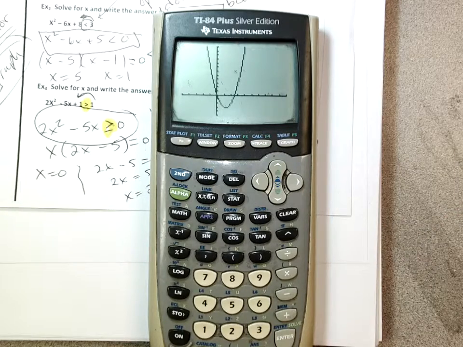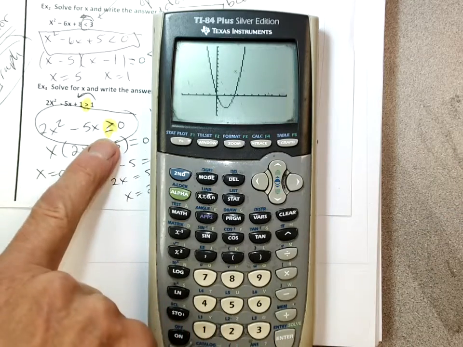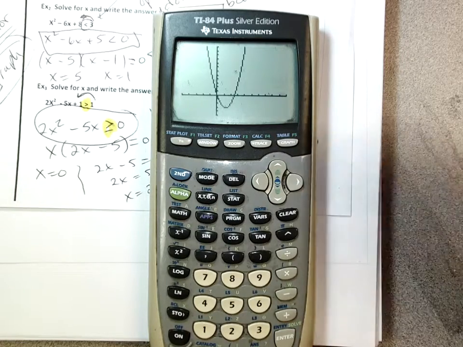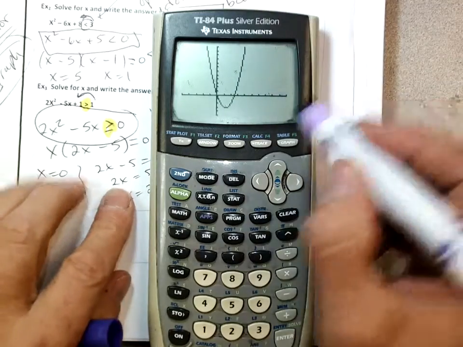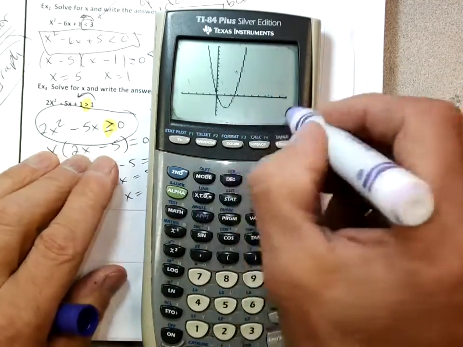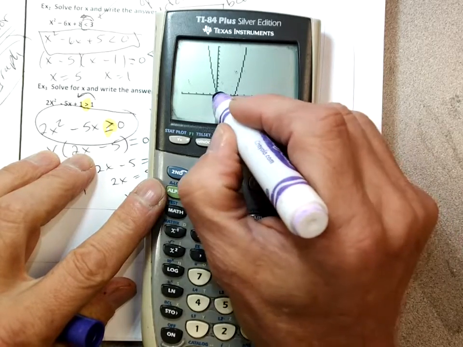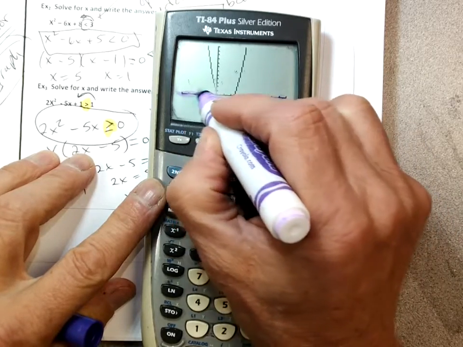See what we get. All right? Now, it says greater than 0, which means above, right? Above the x-axis. Where's above the x-axis? Here, right? And here. So if I'm thinking about a number line, right? This is a number line. It's going to be greater than 0 there and there, isn't it?